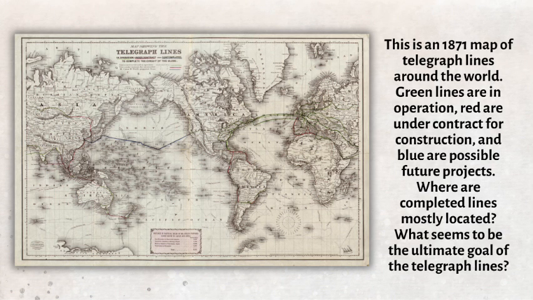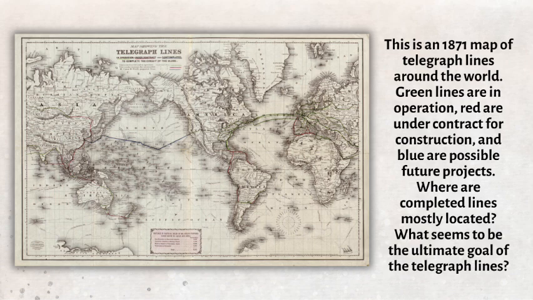Okay, so what I'd like you to do here is examine this map of telegraph lines from 1871. And as you do that, in your guided notes, I want you to answer the question: What do you notice about the locations of the already constructed lines? Those are the green lines. So examine it closely.